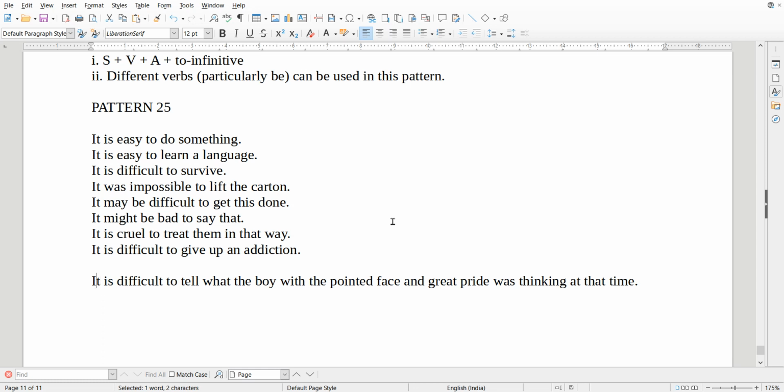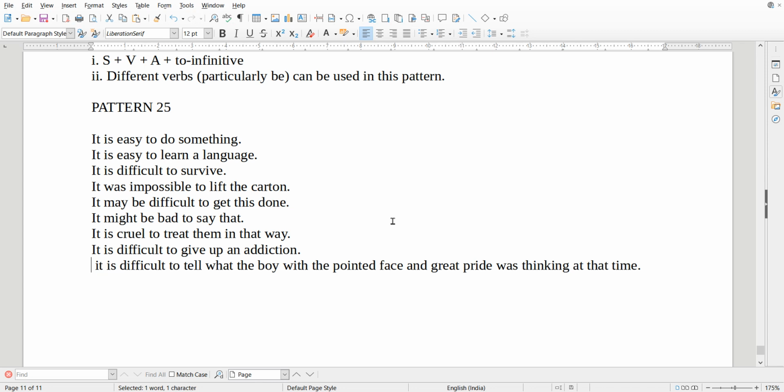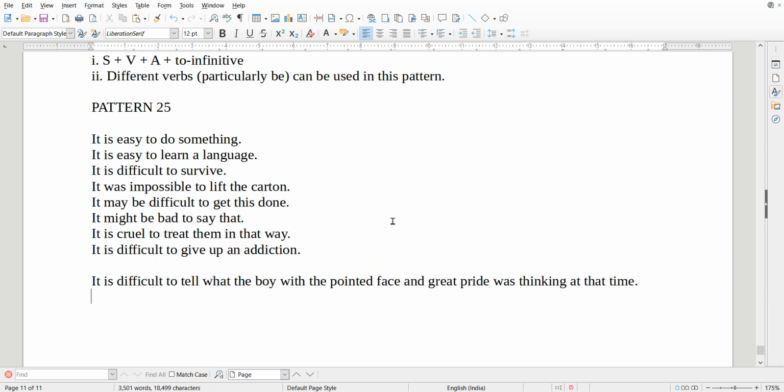So instead of putting the now here, we'll put it at the beginning of the sentence. So this sentence is talking about now, but the sentence is in the present. But what the boy with the pointed face and great pride was thinking at that time is in the past. Okay. That kind of sentence is also possible.